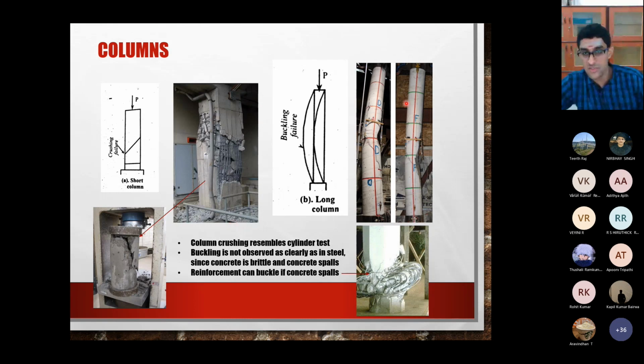What is the difference between how this column has failed, and how this column has failed? Both have failed under pure compression only, axial compression, but it looks different.